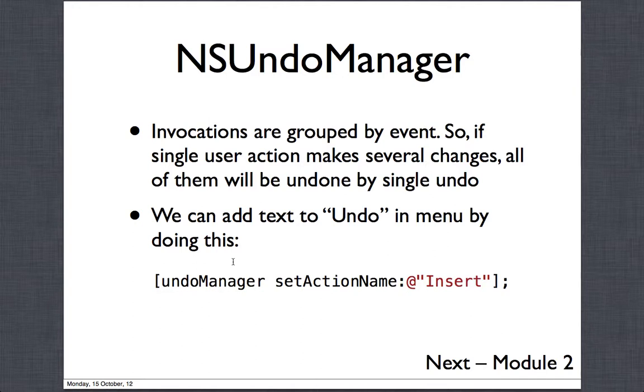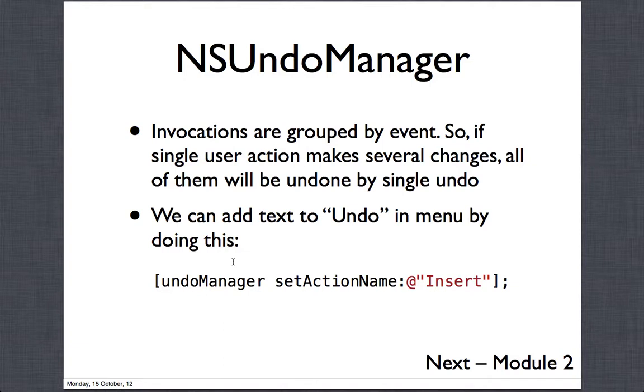So if one single user action makes multiple things change, then all those changes will be undone by a single undo. So if you have a button which changes multiple labels, then undo will change all those labels back because this was a single user action.